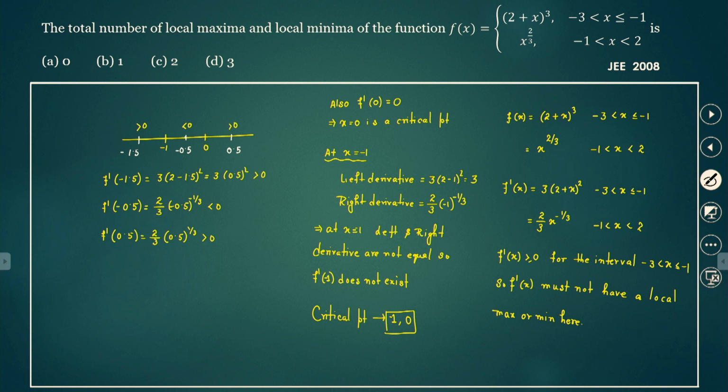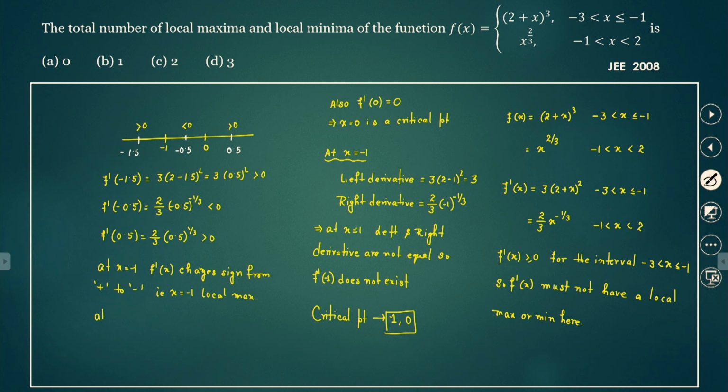So see that at x equal to minus 1, f dash x changes sign from positive to negative. So x equal to minus 1 is a local maximum.